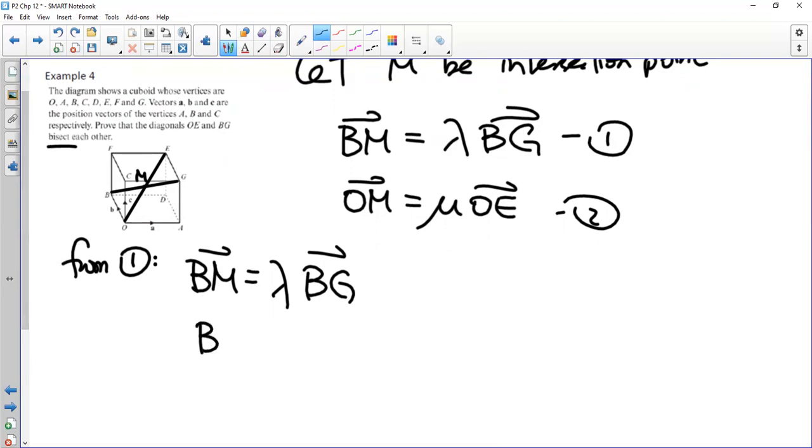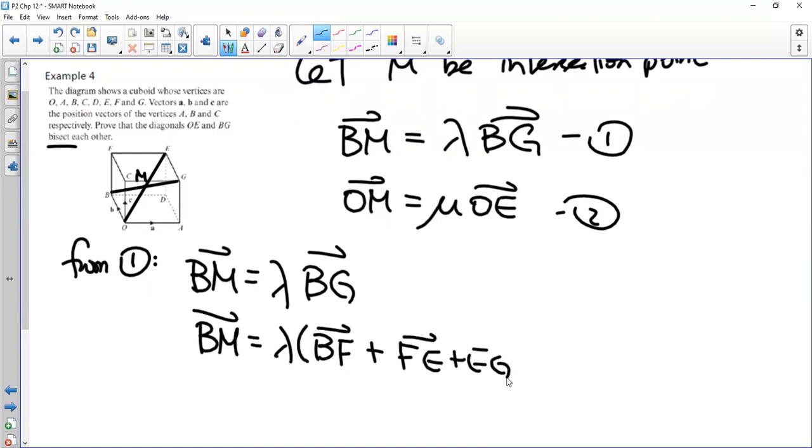So just write down BM equals lambda of BF plus FE plus EG.